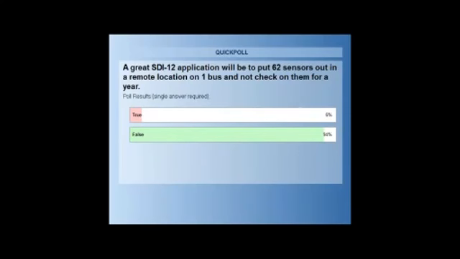Okay, and you should see the results from that. Almost everybody got that one right. I would reconsider using SDI-12 in this application.